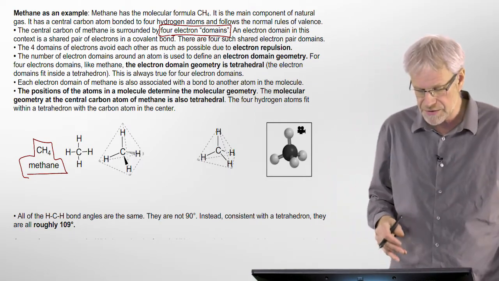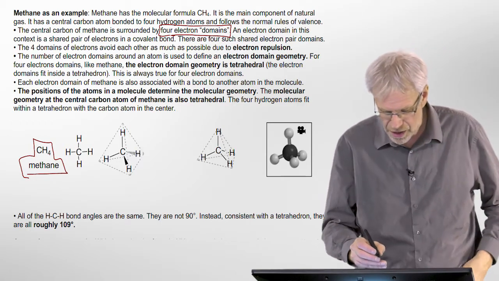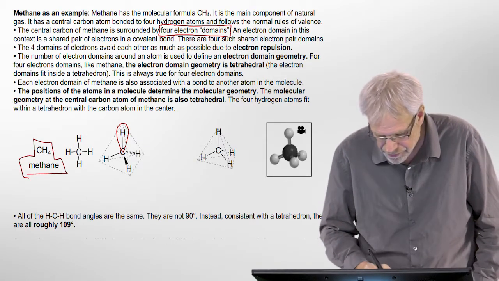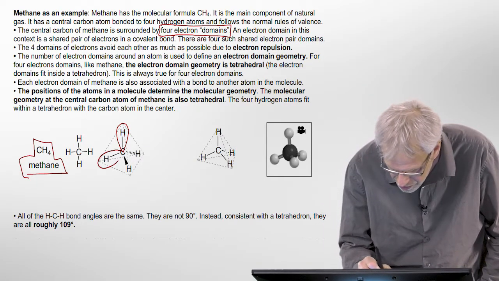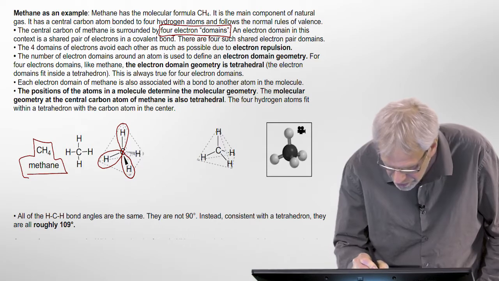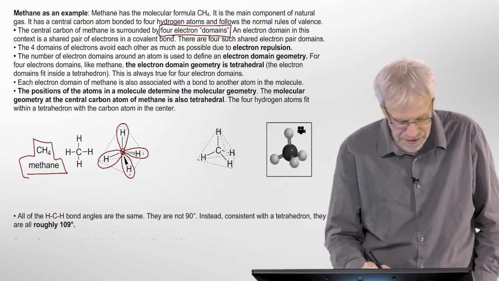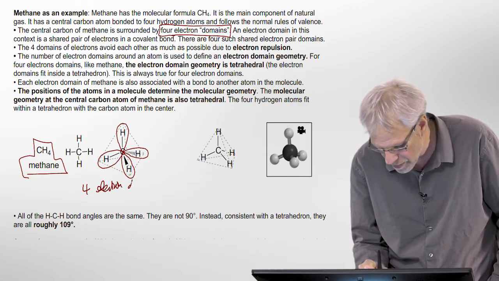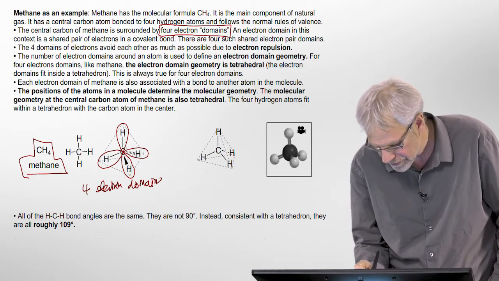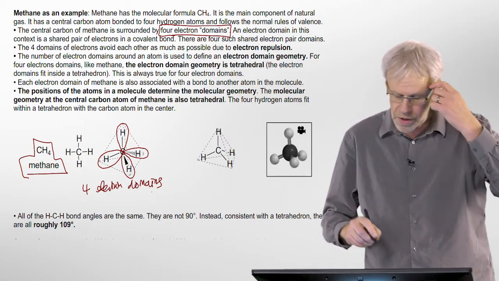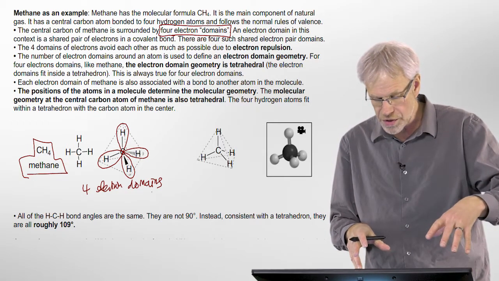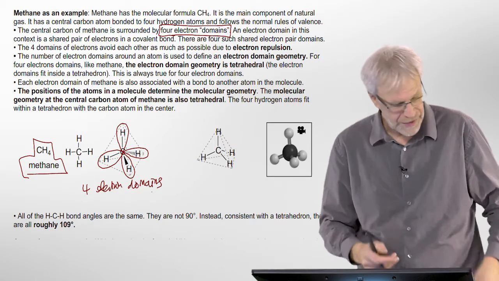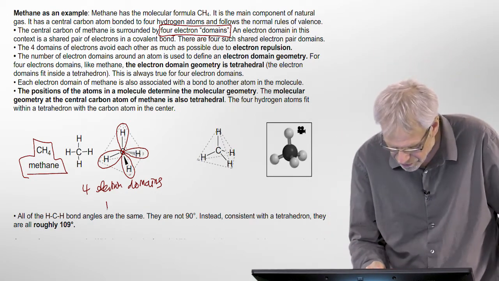So let's have a look at this for the case of methane. We have 1 electron domain in this carbon-hydrogen bond, 1 electron domain in this carbon-hydrogen bond, 1 in this one, and 1 in this one. These are our 4 electron domains. And the geometry that they will acquire in order to keep as far apart from each other as they possibly can get is a so-called tetrahedral.